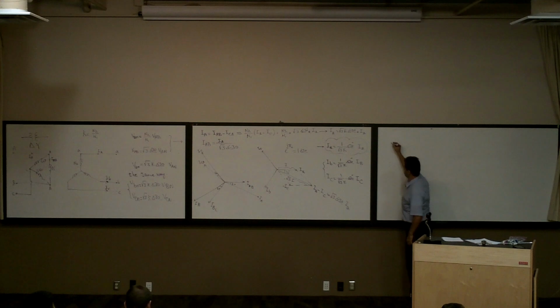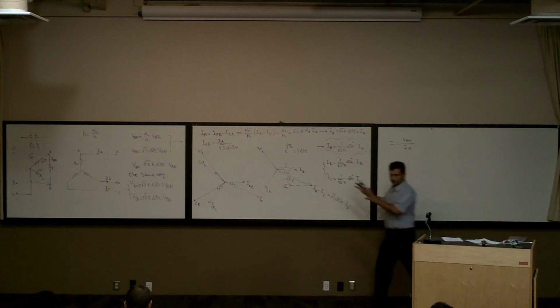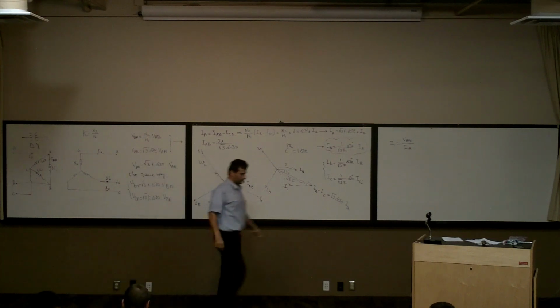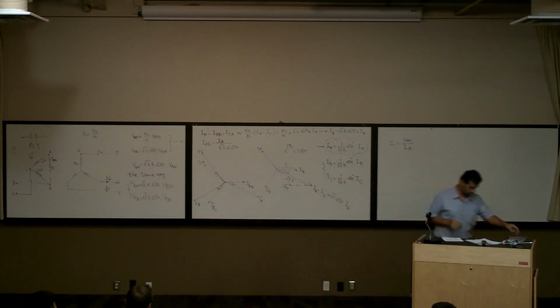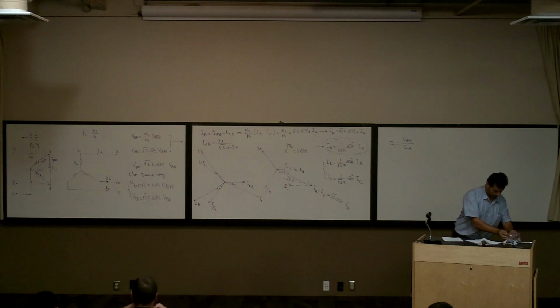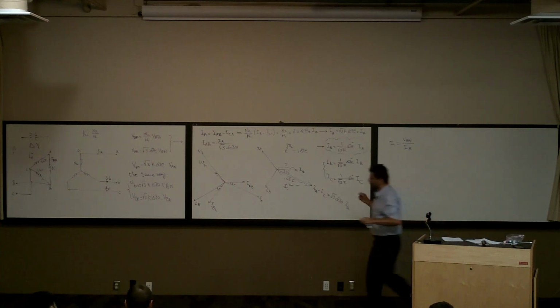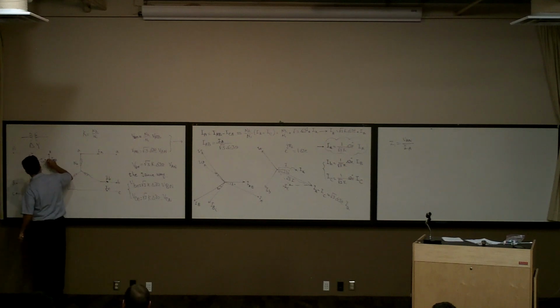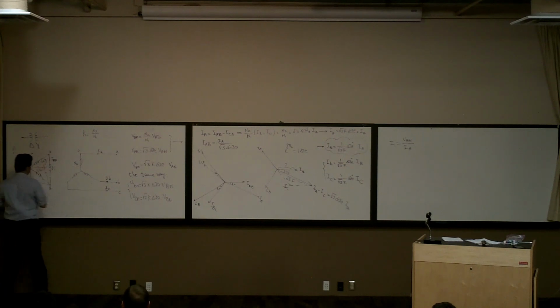We have, for example, Z1 is VAN over IA, right? You put the equivalent circuit of this one, like this. Right?